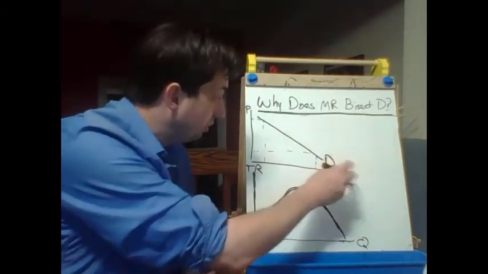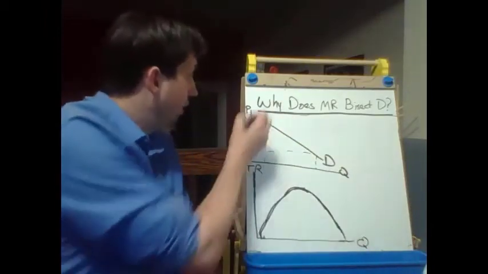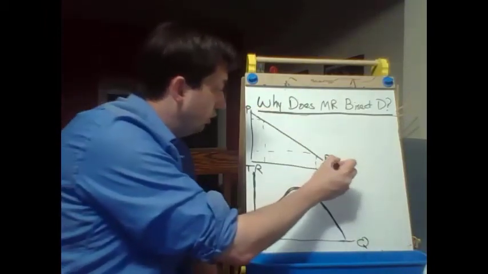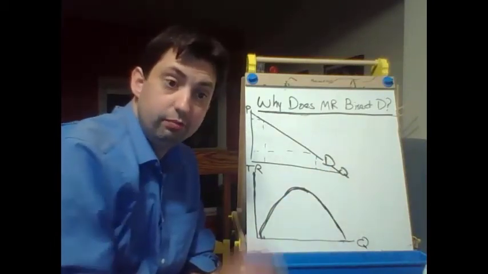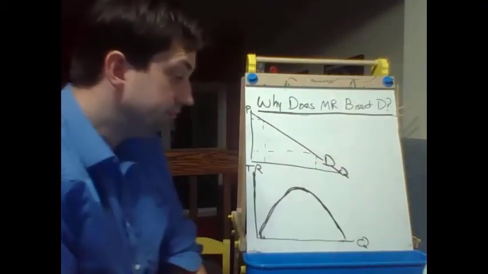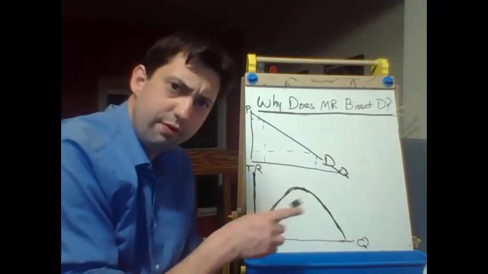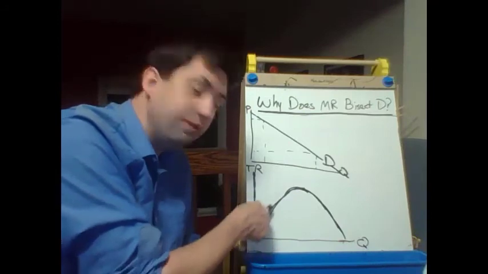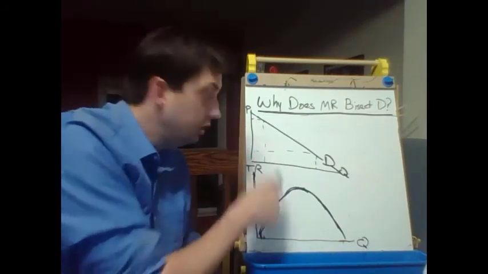Note that I tried to make this so it covers the whole demand curve, from the intercept all the way to where it hits the x-axis. We'll note how this works, right? Marginal revenue is changing total revenue. So here the revenue is increasing, which means marginal revenue is positive.